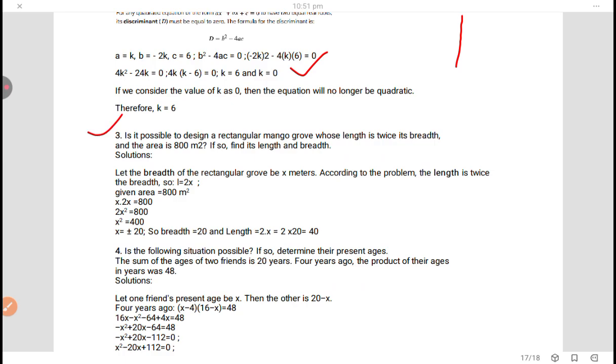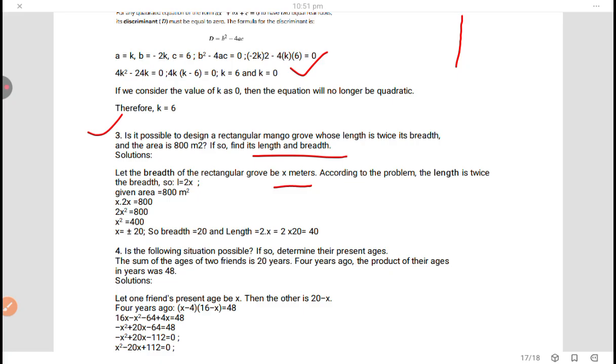Third question. Is it possible to design a rectangular mango grove whose length is twice its breadth and area is 800 meter square? So find its length and breadth. Breadth of the grove is x meter and length is twice the breadth, so 2x.